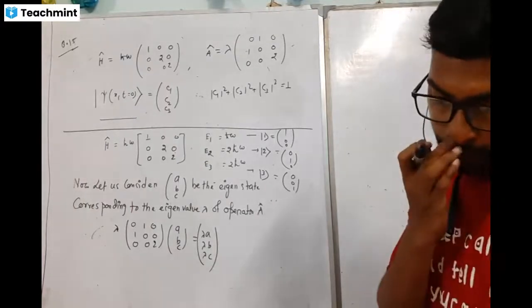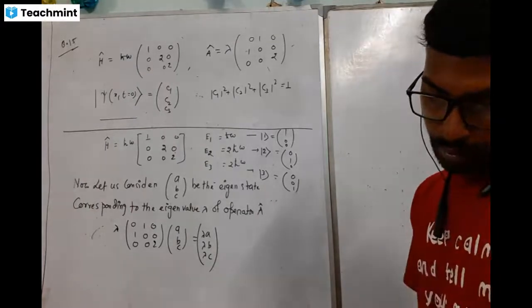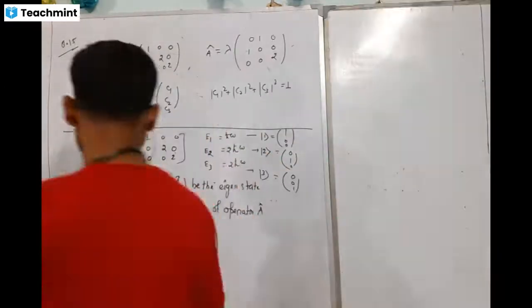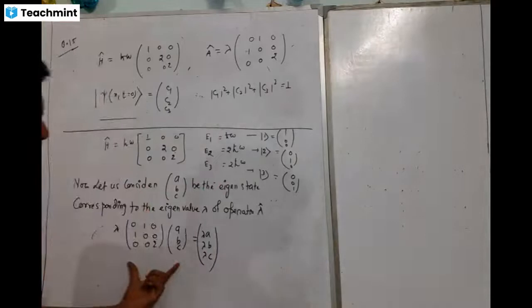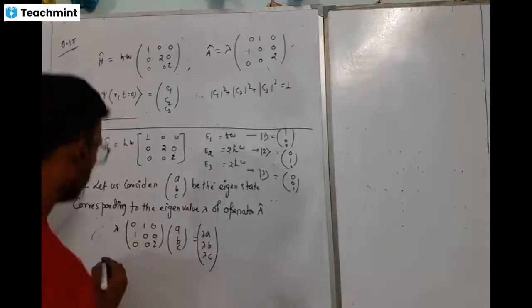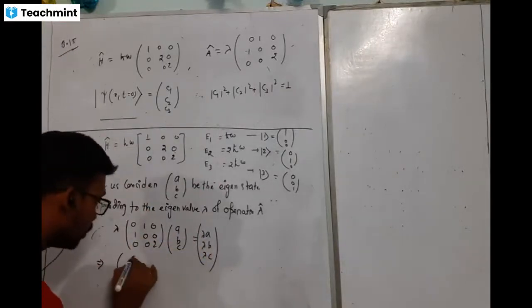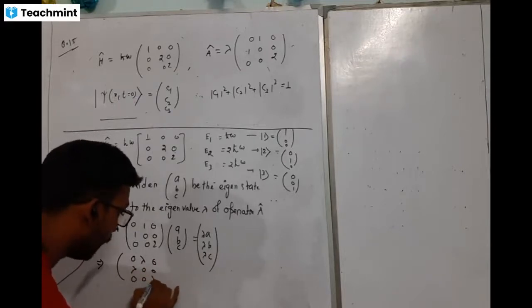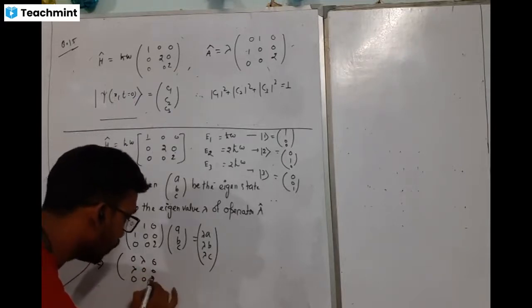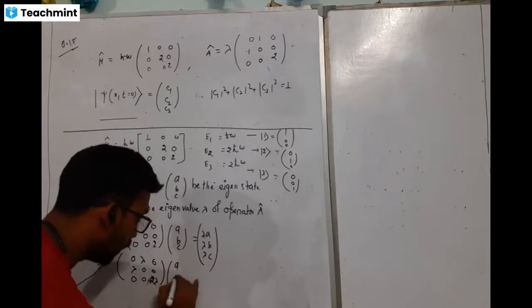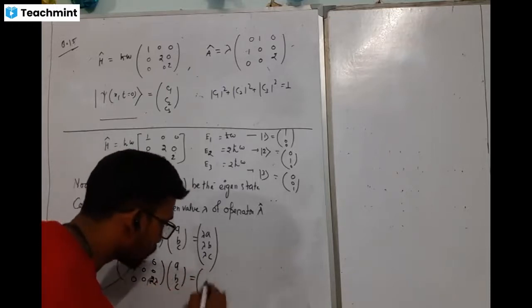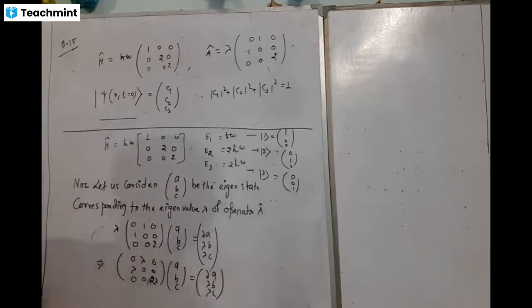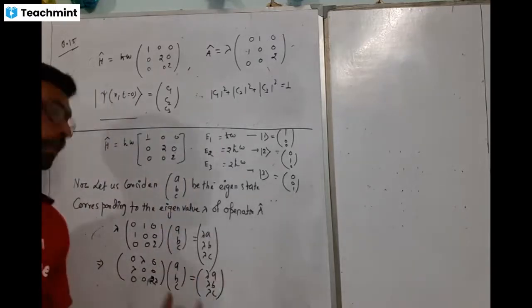So it is equal to the matrix with rows 0 1 0, 1 0 0, 0 0 2 times A, B, C equals lambda A, lambda B, lambda C.